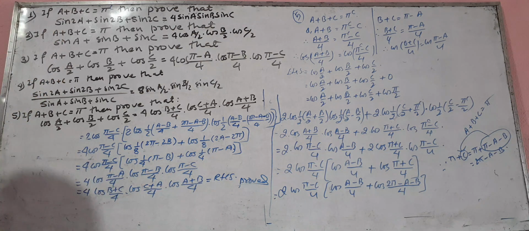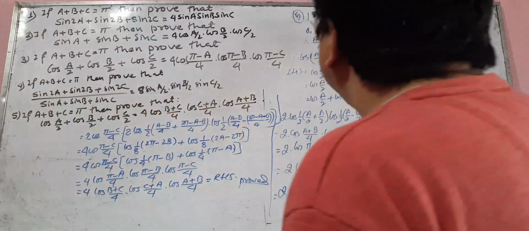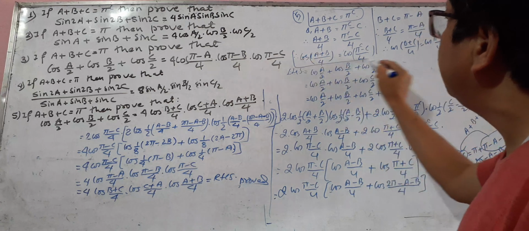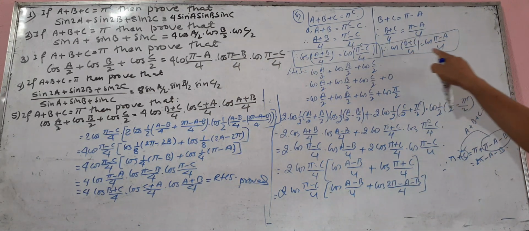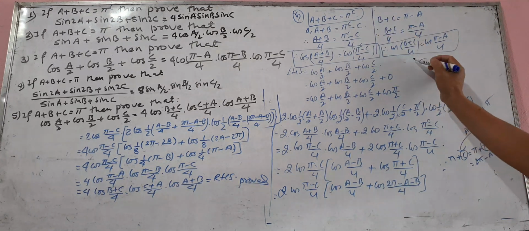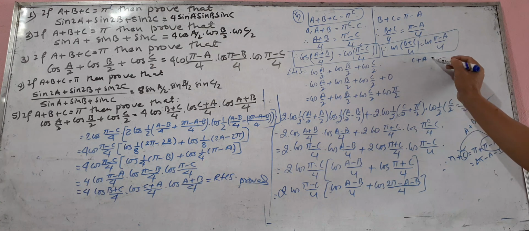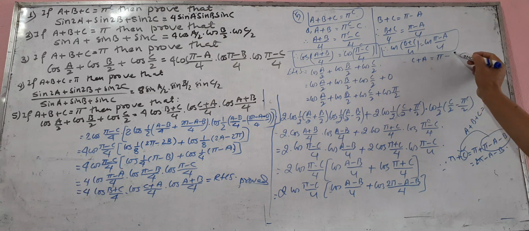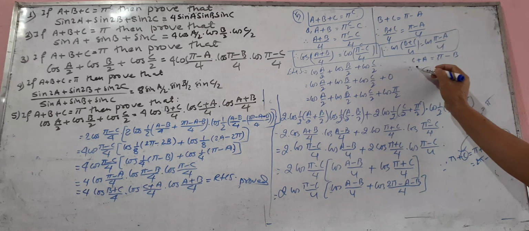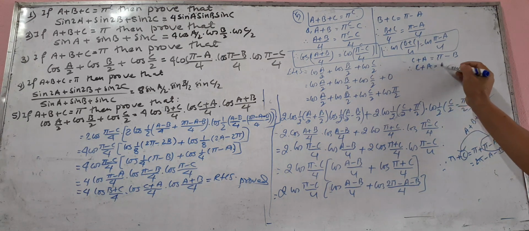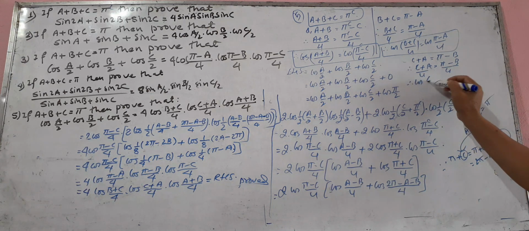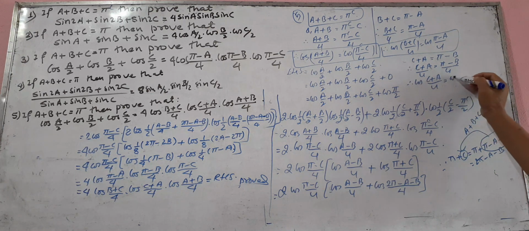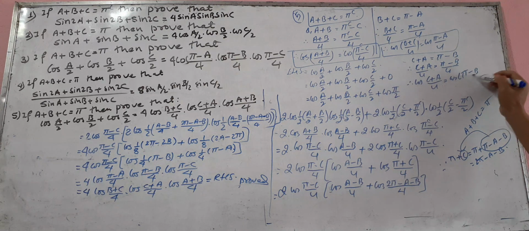Okay, so by these conditions, we can derive the other conditions. Similarly, for another, taking c plus a to the right, we get b, and therefore (c plus a)/4 equal to (pi minus b)/4, and therefore cos (c plus a)/4 equal to cos (pi minus b)/4.